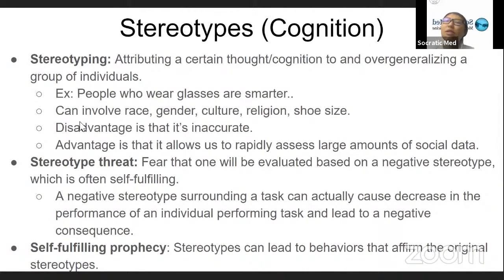A negative stereotype surrounding a task can cause a decrease in the performance of an individual performing that task, leading to a negative consequence, with those individuals tending to fulfill the negative stereotype. And then there's also self-fulfilling prophecy, which is when stereotypes can lead to behaviors that affirm the original stereotypes.